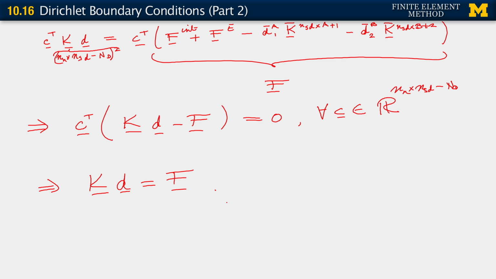I should make one remark here: since d is defined as K inverse F, under what conditions does this solution exist? A solution d exists if our K matrix is invertible, of course.